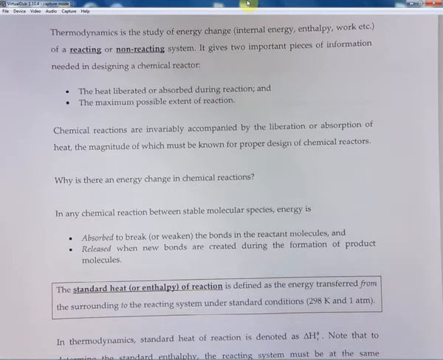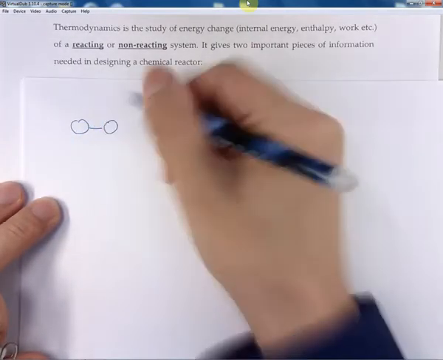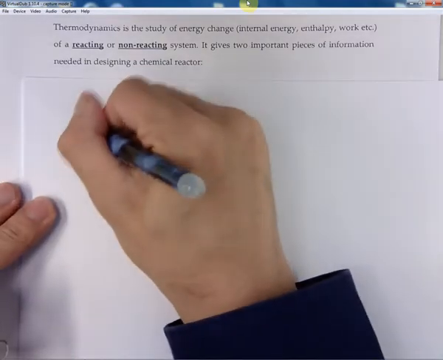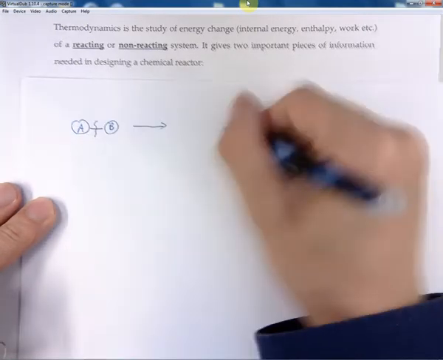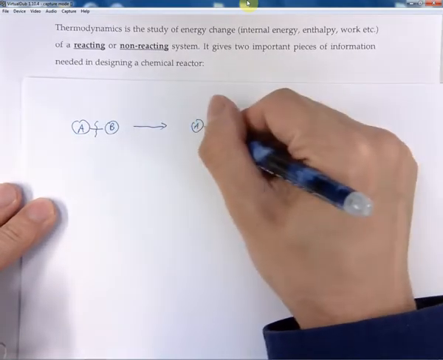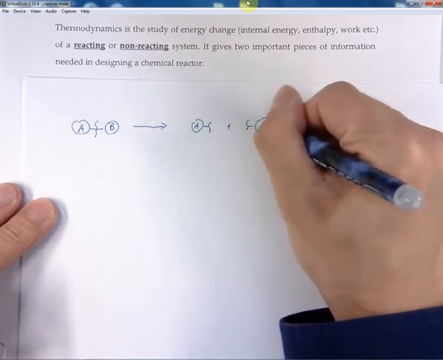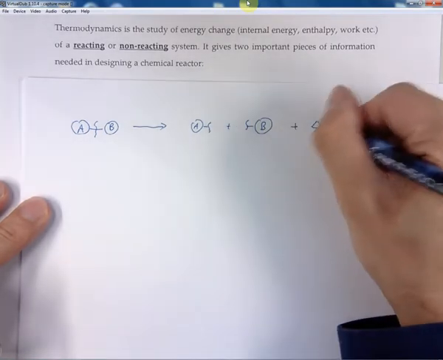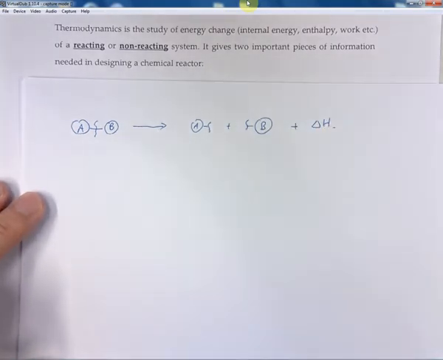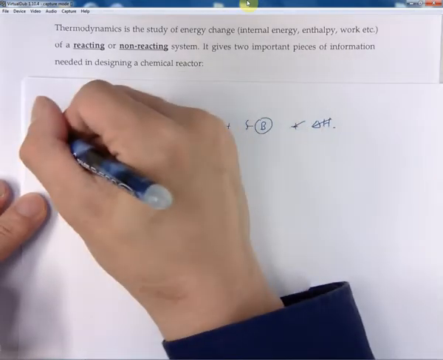So for instance, if this is a molecule of A and B, and when this bond is broken, heat will be taken in.